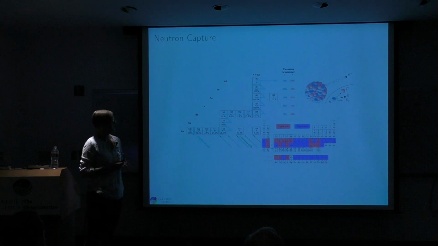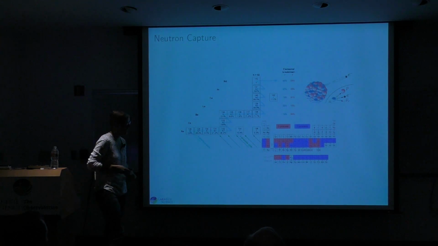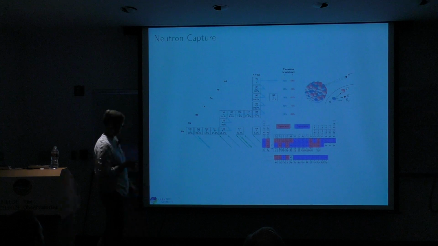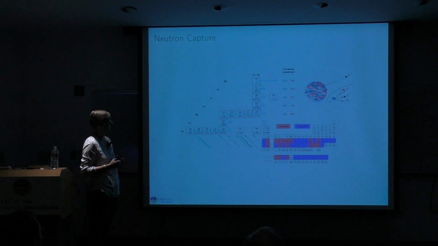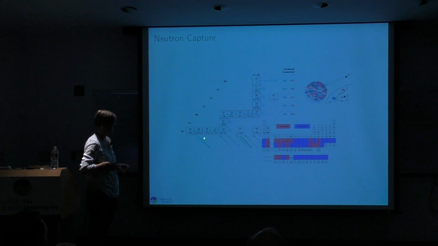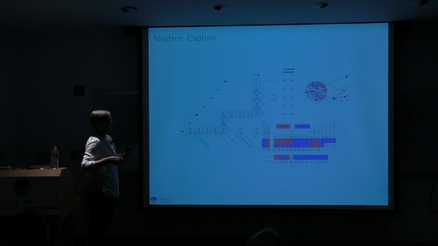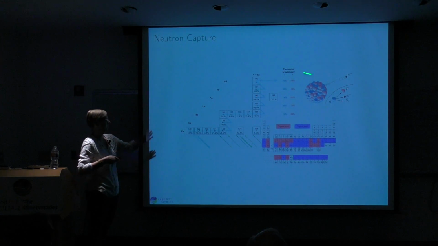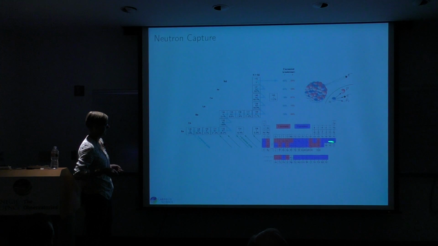And then we have the r-process, which I'm going to focus on today, the rapid neutron-capture process, where you have a higher neutron flux, and it happens on a very short time scale. So basically, you go very far from stability and build up all the elements, and then at some point the neutron flux stops, and you decay back to stability, and that gives you all these blue ones down here.